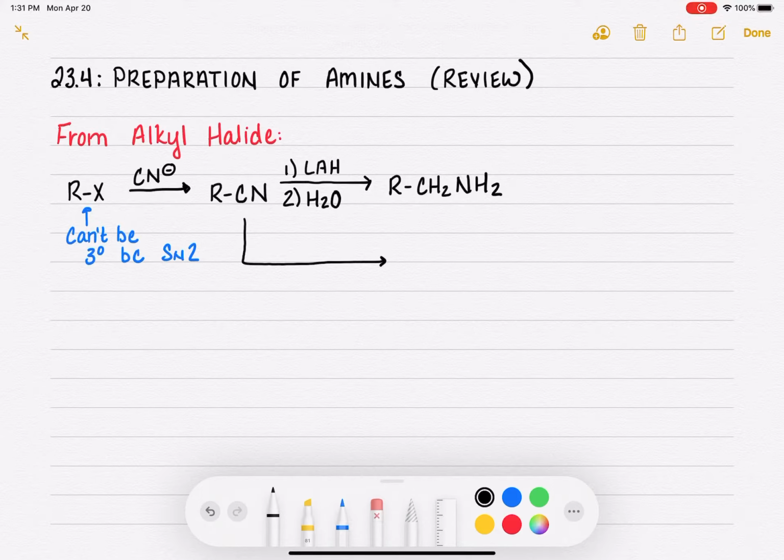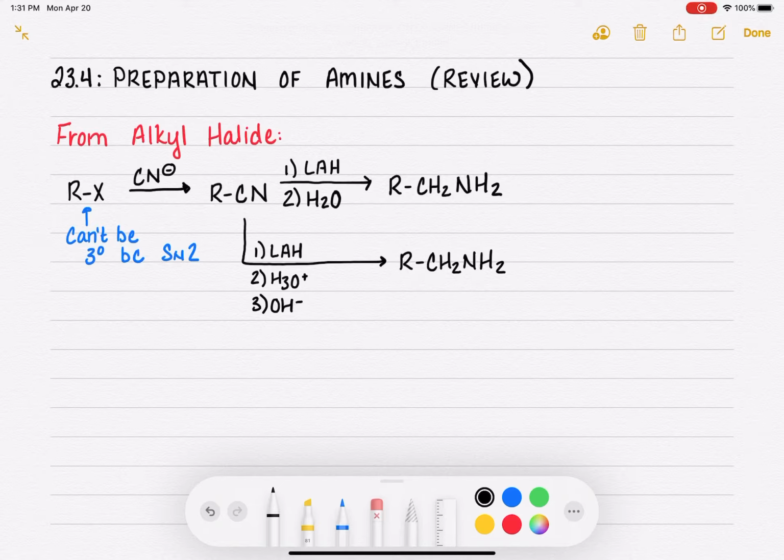So instead of using LAH followed by H2O, it uses LAH followed by H3O plus, followed by OH minus, and we will end up getting the same product. It's kind of a silly, redundant way to go about doing this reaction.